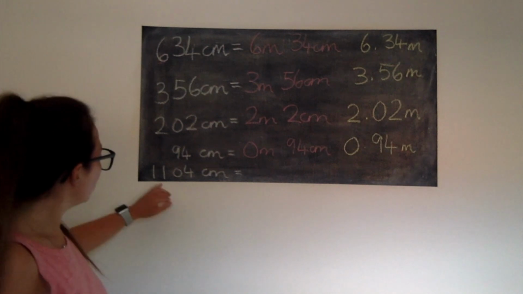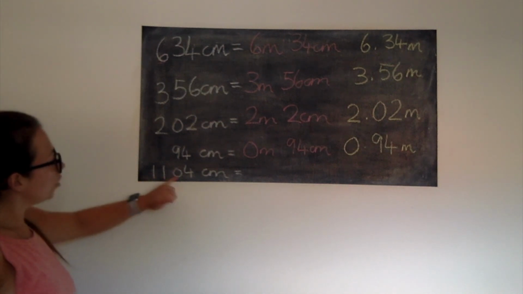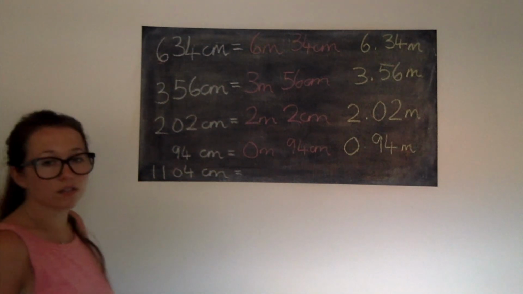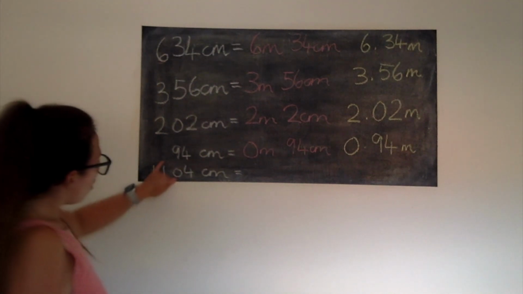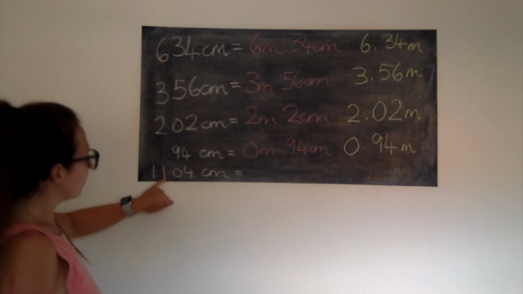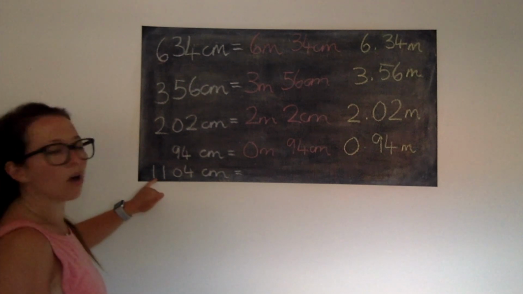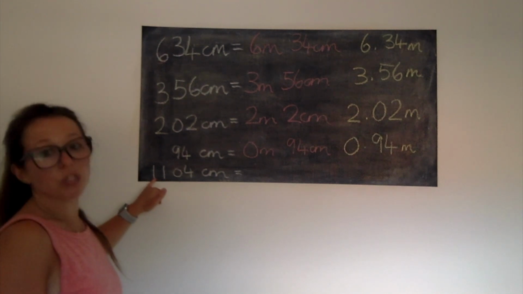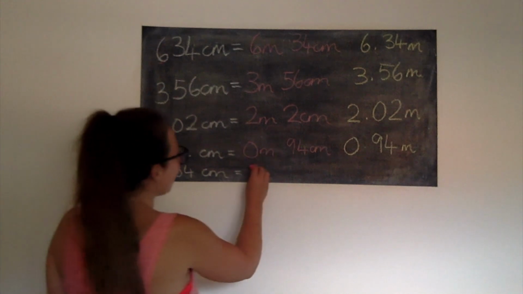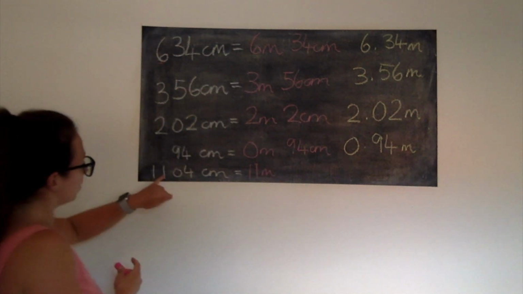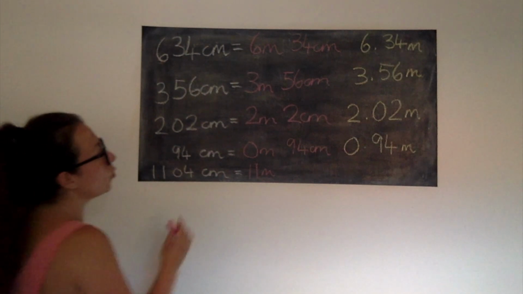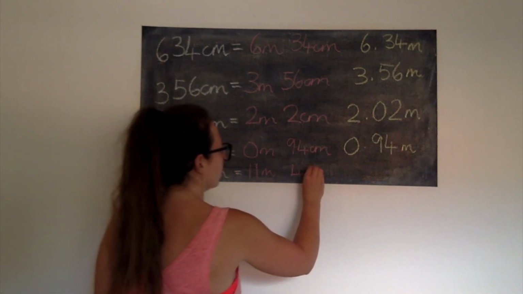And the last one, 1,104 centimetres. So again, this was to try and challenge you. I've got 100 centimetres here, so that's a metre, but I've also got 1,000. So actually in metres, I've got 11 metres, 11 whole metres, and then I've got 4 centimetres left.